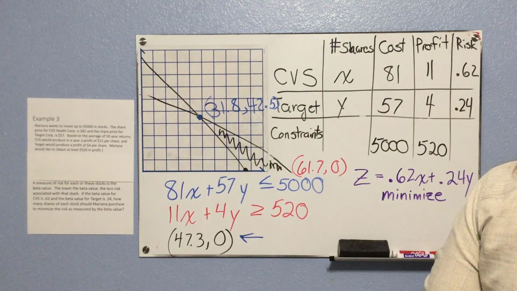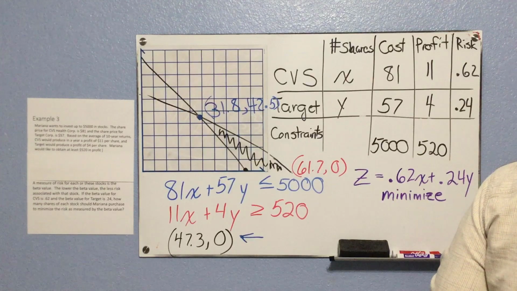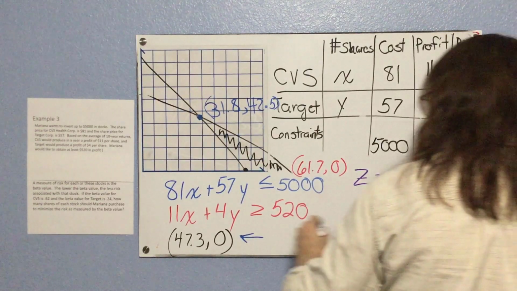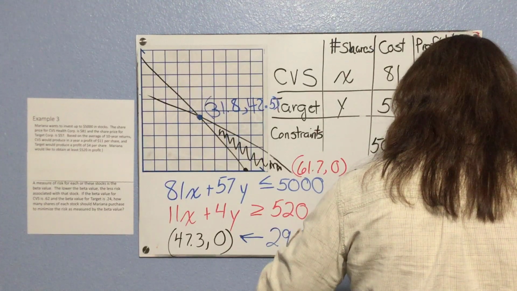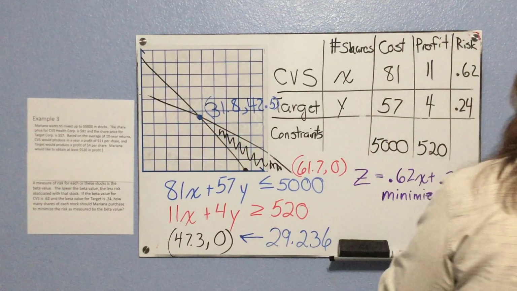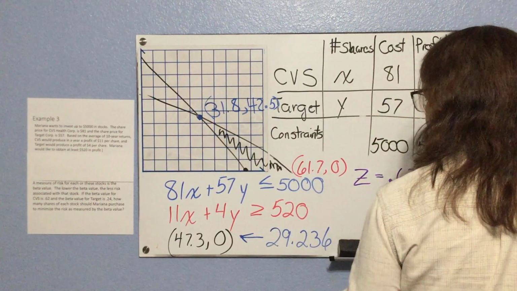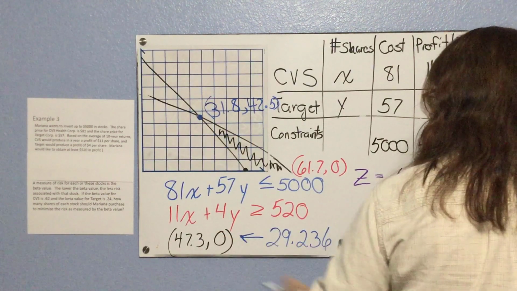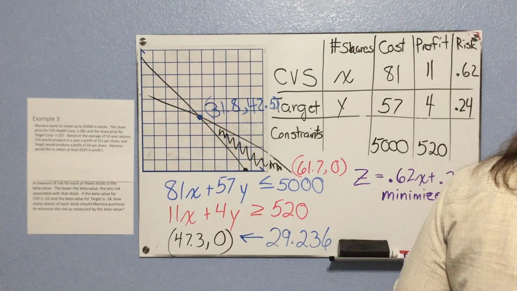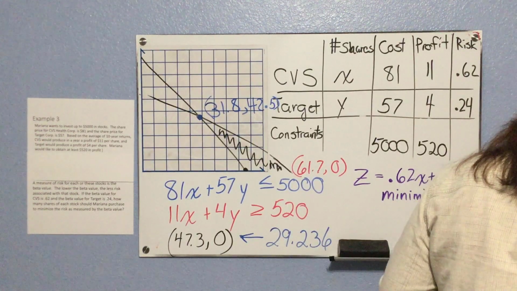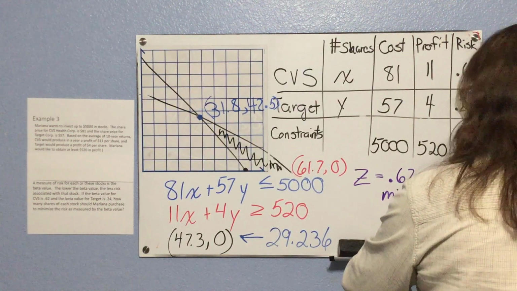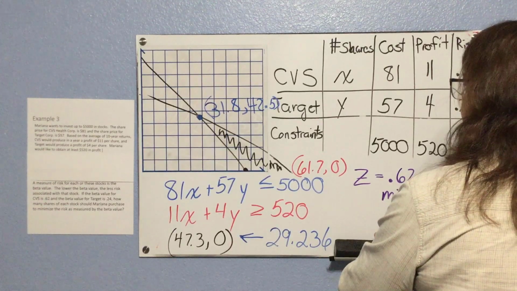And it actually comes out to 29.236 when I multiply the 0.62 times the 47.3. Okay. This one comes out nearly 40, so I won't do that calculation.